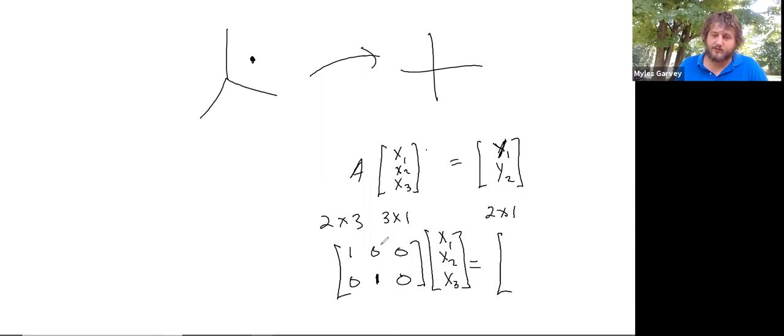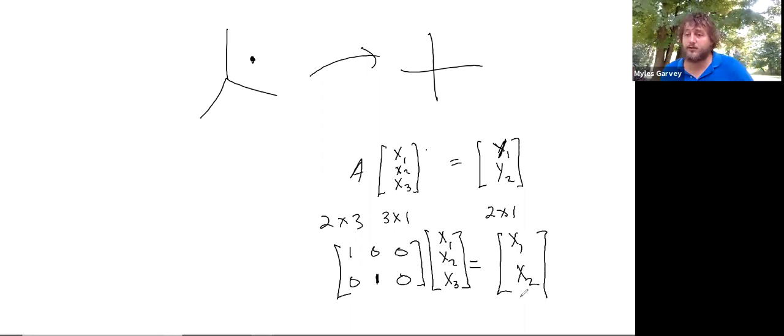For the first one, we get x1 plus 0 plus 0. And for the second one, x2 plus 0 plus 0. And we just get x1, x2.